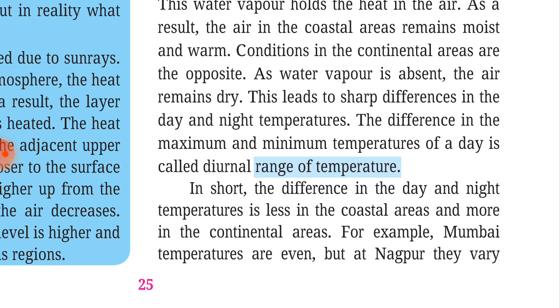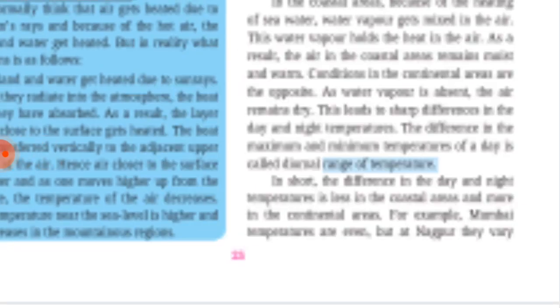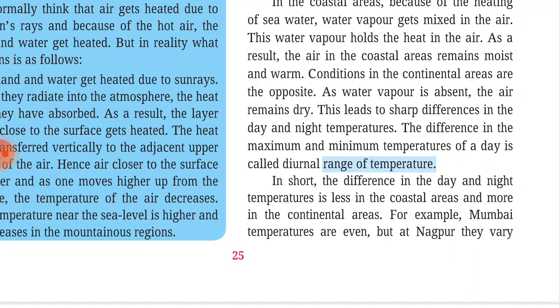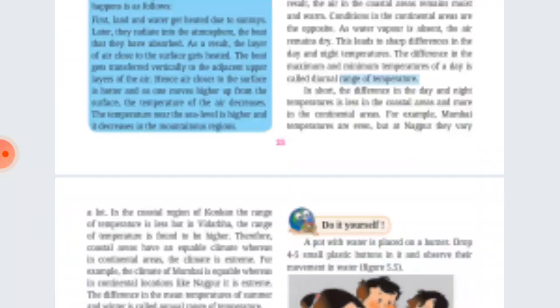For example, Mumbai temperatures are even, but at Nagpur they vary. Mumbai is towards the coastal region. The Arabian Sea is very close to Mumbai. So Mumbai is warm, but also has a high concentration of water vapor in the atmosphere. So Mumbai is very even. But what about Nagpur?